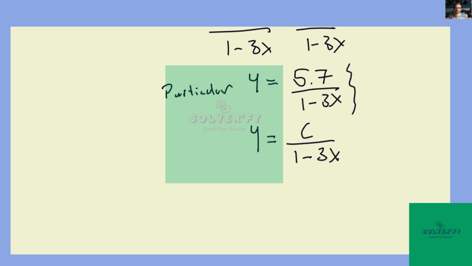And yeah, if you plug in 5.7 for y, you get 5.7 equals 5.7 over 1 minus 0. 1 minus 0 is 1, and anything over 1 is just itself. You get 5.7 equals 5.7. That is true. So that's just a little check you can do at the end.